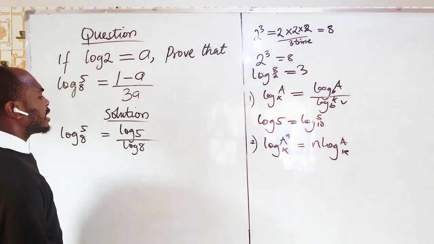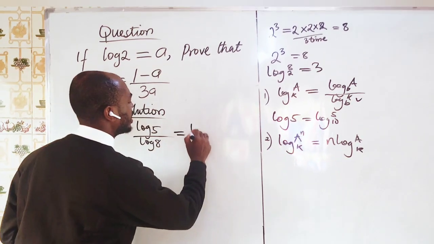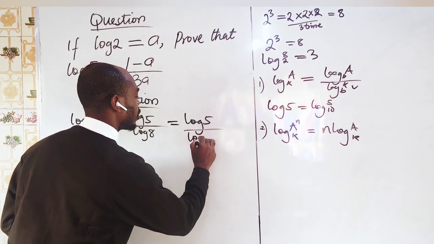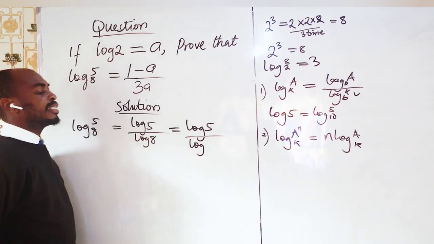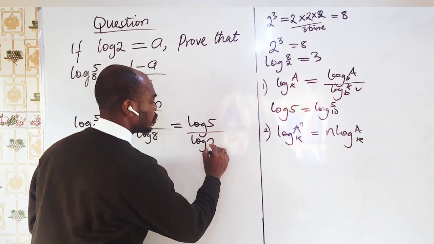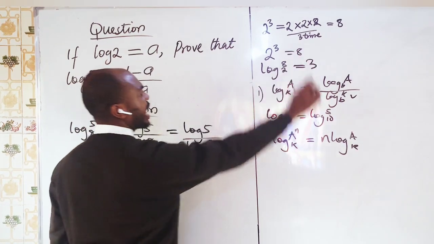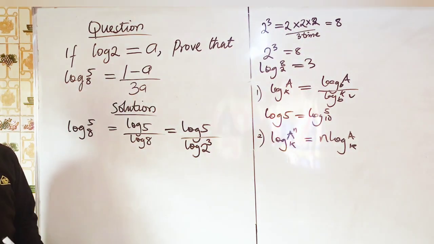So at this point, I am going to express this so that it will be easier for us to solve. 8 is the same thing as 2 raised to the power of 3. We had already done it, so it's not a new thing.